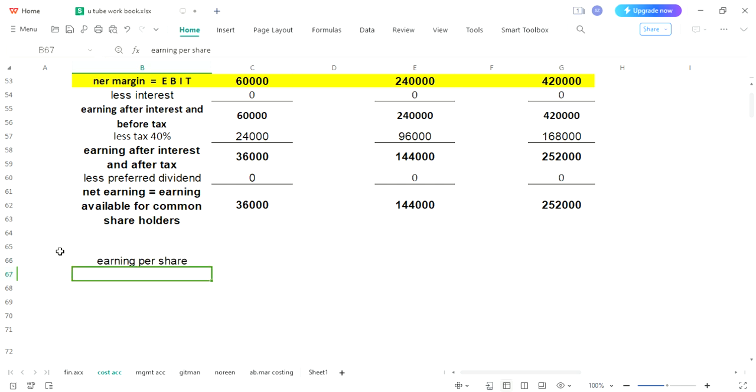And how do you calculate this earning? You need earning for common shareholders, and you will divide it by number of shares.